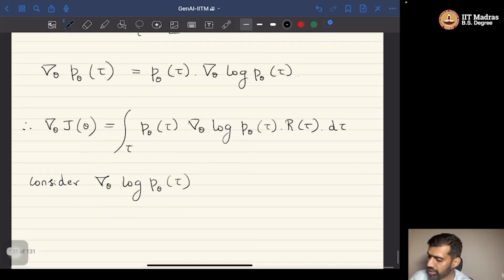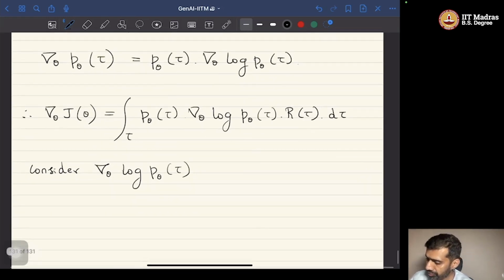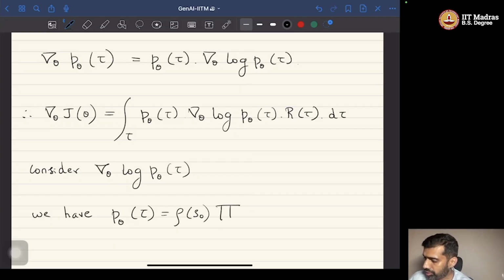So we have the expression for p theta. We know that p theta of tau is equal to rho of S naught, which we had just defined using the product rule, times the product over t from 0 to infinity of pi theta of a t given s t times p of s t plus 1 given s t and a t.